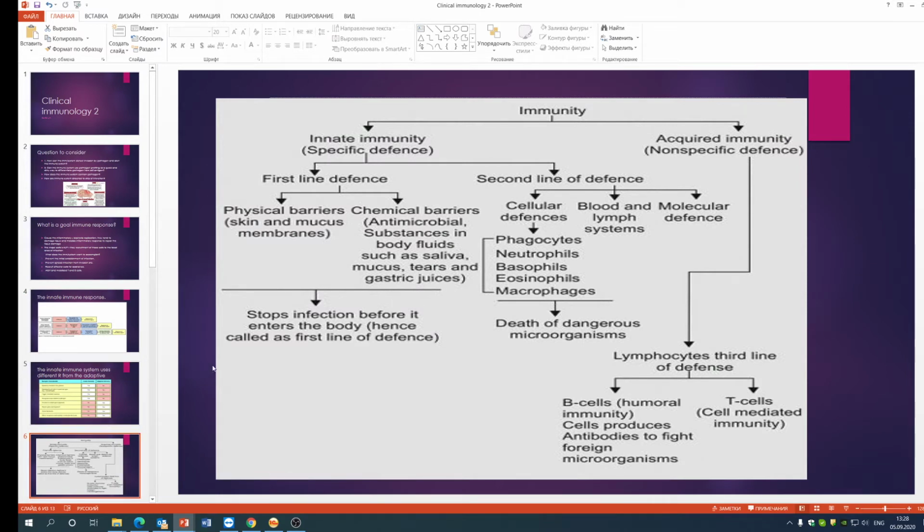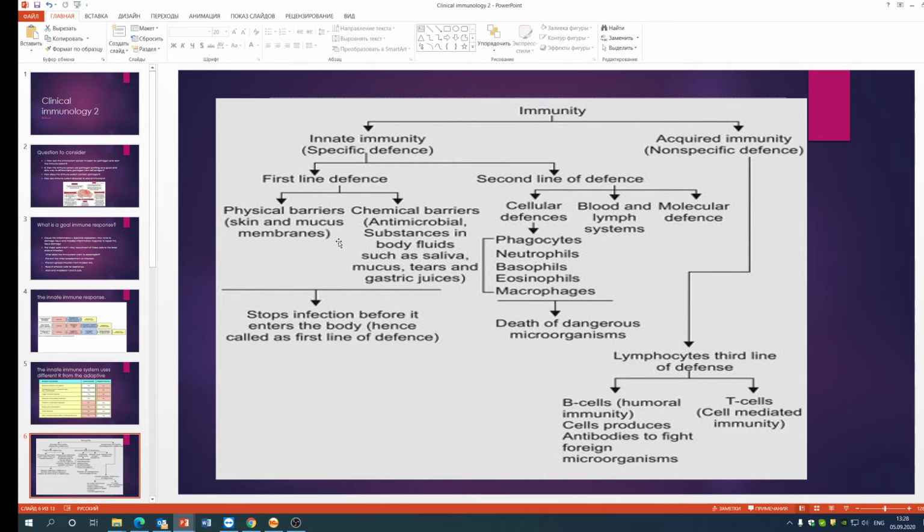Innate immunity and adaptive or acquired immunity are different stages: non-specific defense and specific defense. The first line of defense is the physical barrier: skin, mucous membranes, such as in the stomach and respiratory tract, and so on.